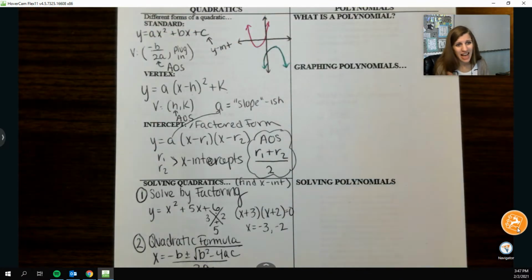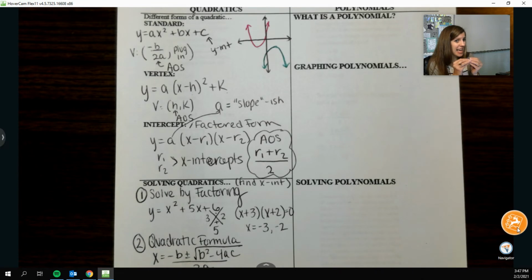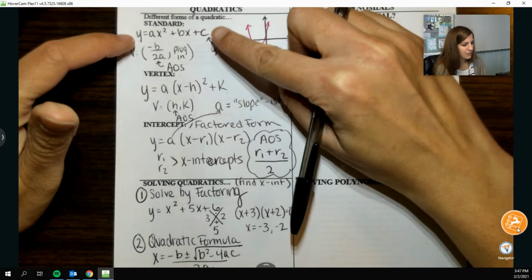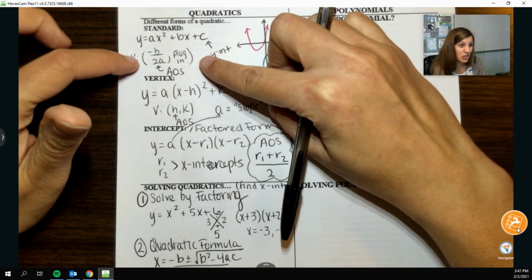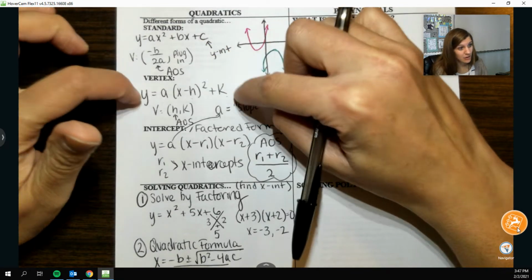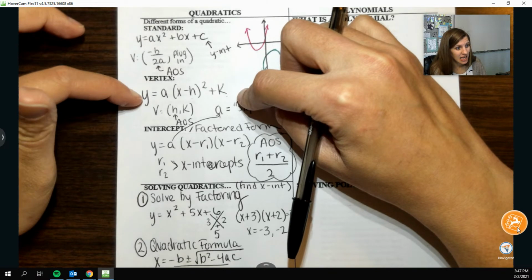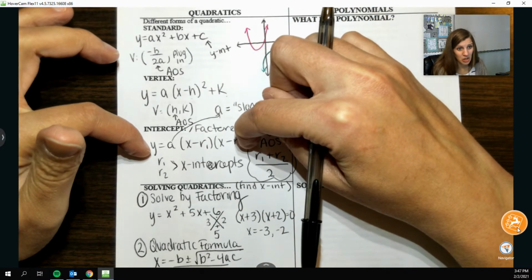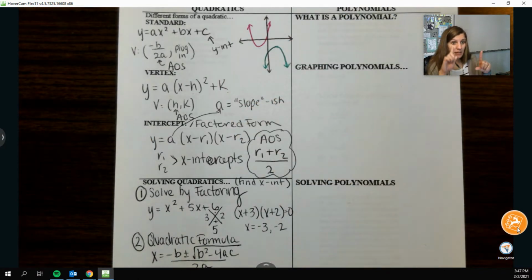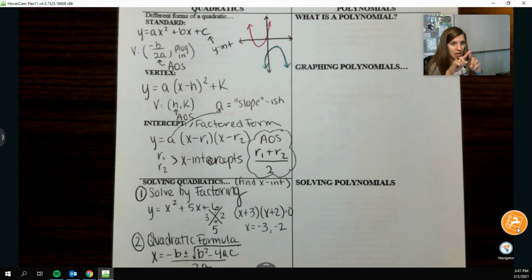So if I know where that halfway point is, and then I can get at least one point on the other side, I can just flip it over. If you're in standard form, you've got to do a cute little formula to get it. If you're in vertex form, you already have it. And if you're in intercept form, you have a lot of work to do to get it, because you have to get those x-intercepts and then count to the middle. That's part of the vertex, but then I have to plug it back in.